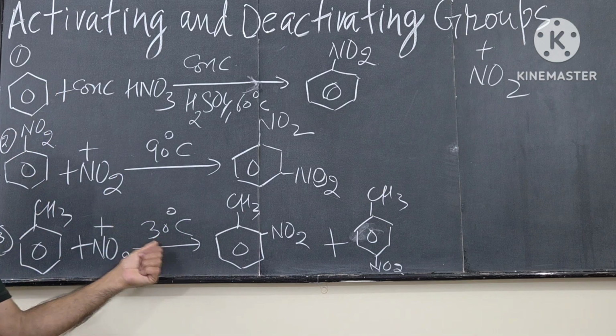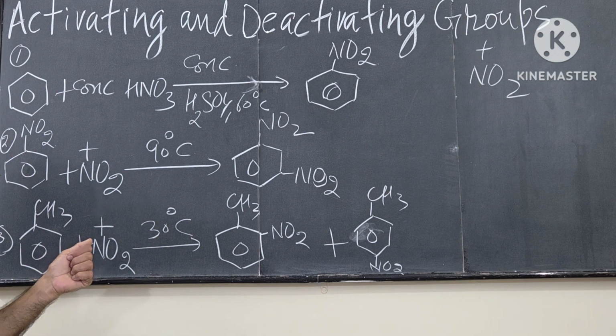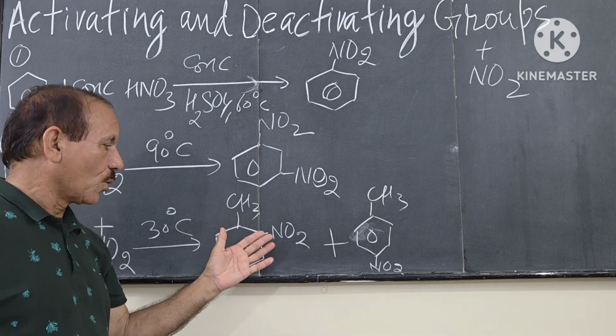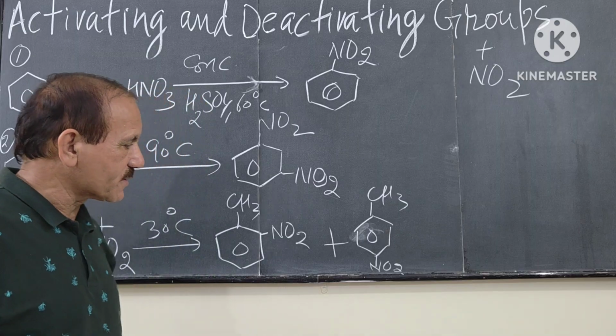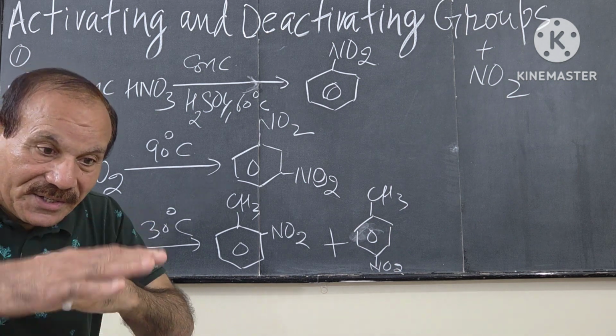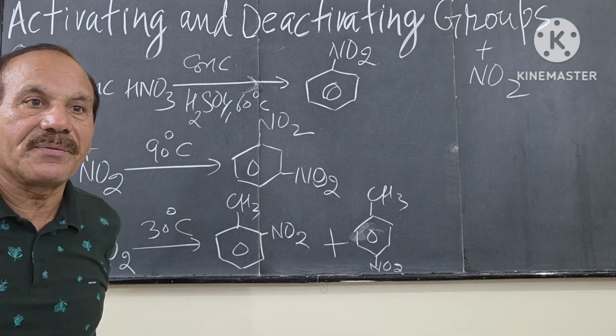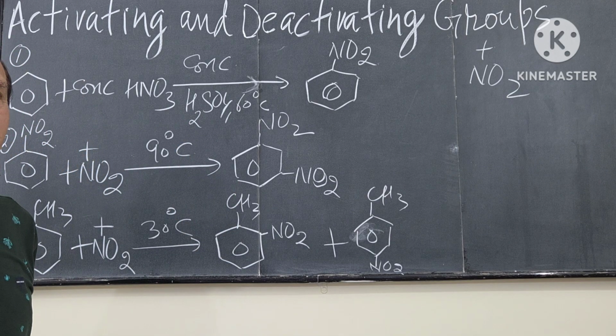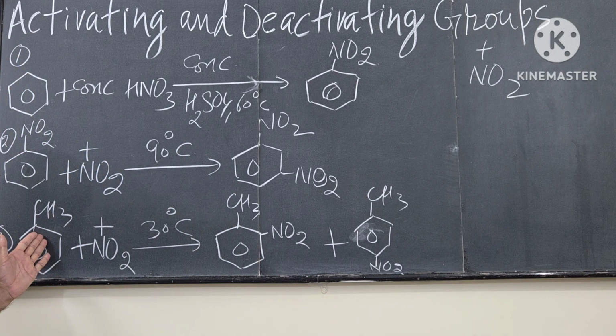That is why it reacts at low temperature with nitrating mixture, giving ortho and para nitrotoluene. So comparison of reaction 1 and 3 proves that the CH3 group, when present on benzene, increases its reactivity towards the nitrating mixture. So it is an activating group.